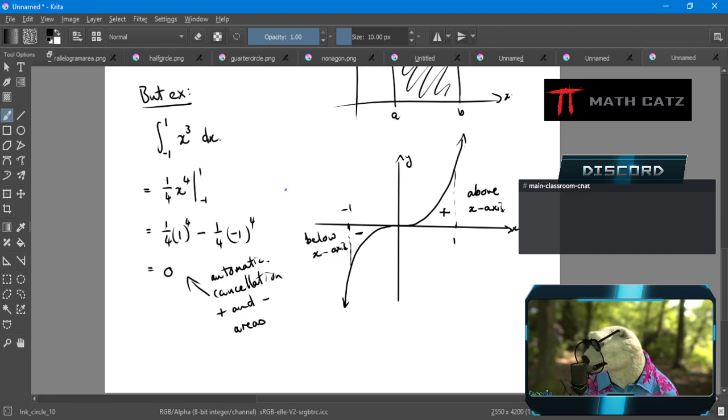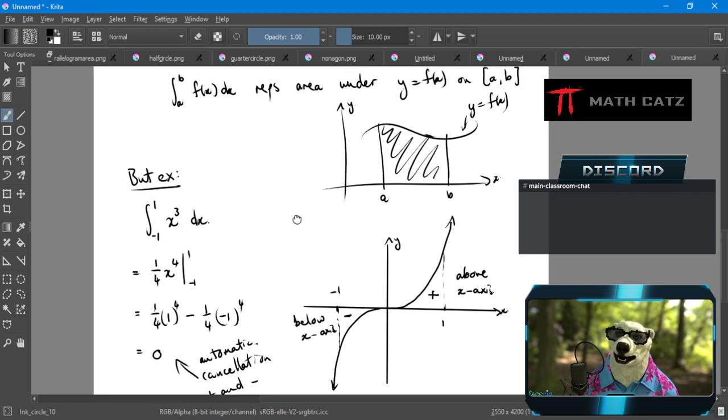Now, before we had such simple examples where we picked a graph and an interval that was well above the x-axis, and there was no issue. The area was positive already. Then the definite integral does represent the area under the graph if that graph on that interval sits well above the x-axis.